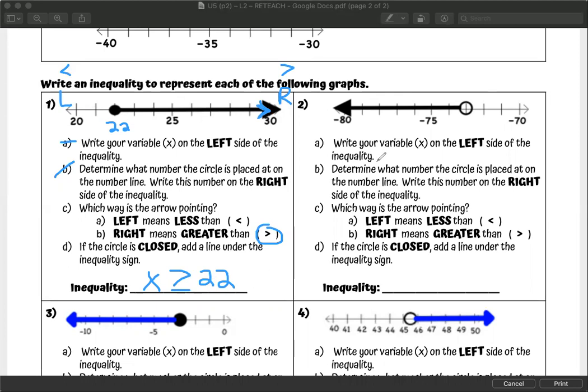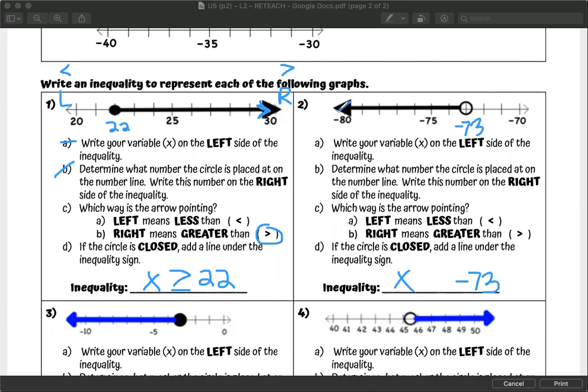Let's try that again. First thing, always just writing my variable x. Next thing we're looking at, where does this circle fall? Remember, negatives work the opposite way. So negative 70, negative 71, negative 72, negative 73. Then we are figuring out what way the arrow is pointing.